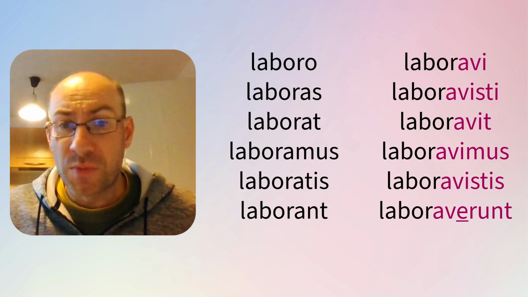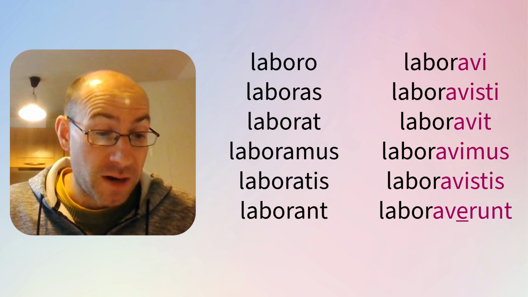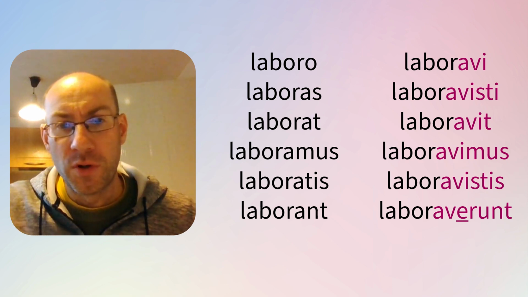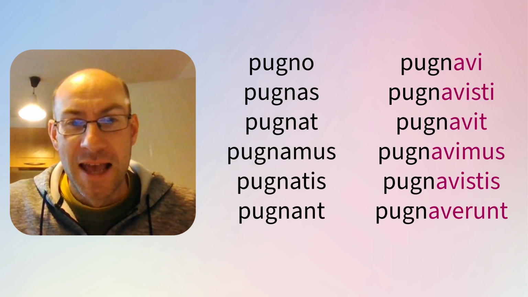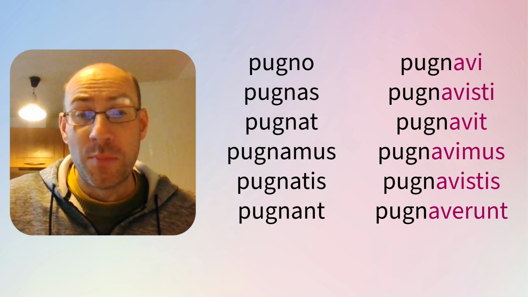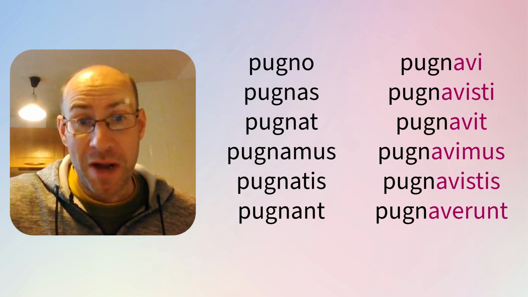So let's just practice a little further with a few more verbs. You may remember the verb to fight, pugnare. The pugnus is your fist, pugnare. So let's go straight to the past tense now. I know you know the present tense. And we've got pugnavi, pugnavisti, pugnavit, pugnavimus, pugnavistis, pugnaverunt.